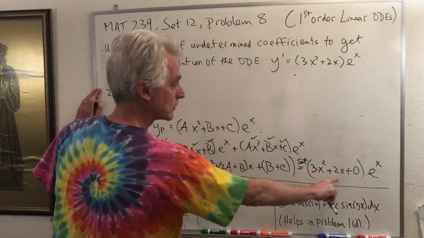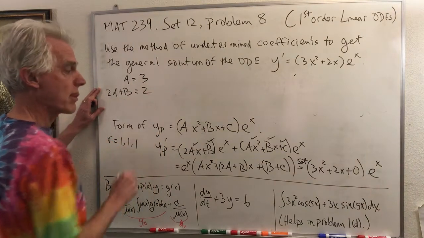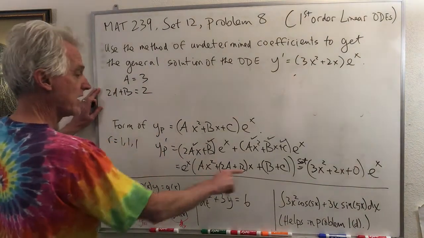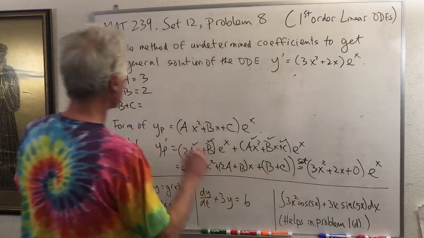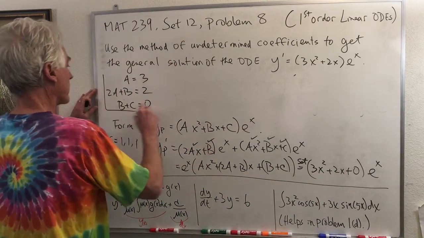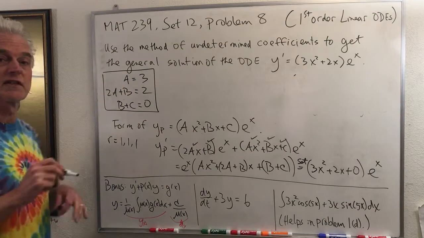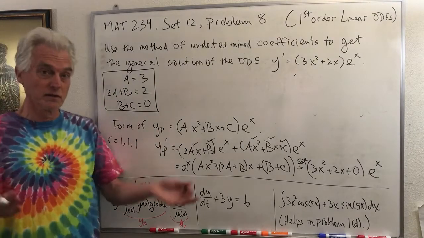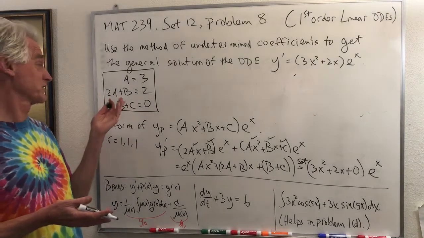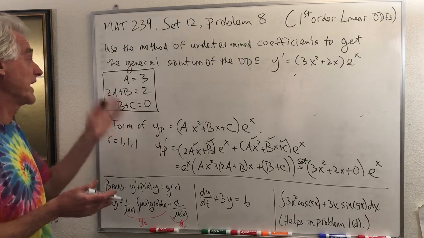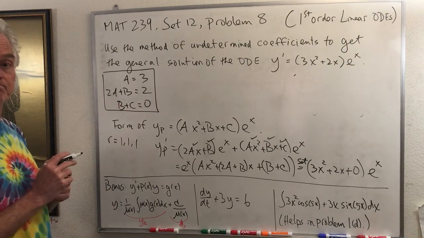That's got to equal 2. And I've got to have b plus c. That's got to equal 0. I'll circle these, not that I'm done, but at least that's a good place to take a breather. And if I get it wrong, make sure I've checked all the algebra to get to this point.